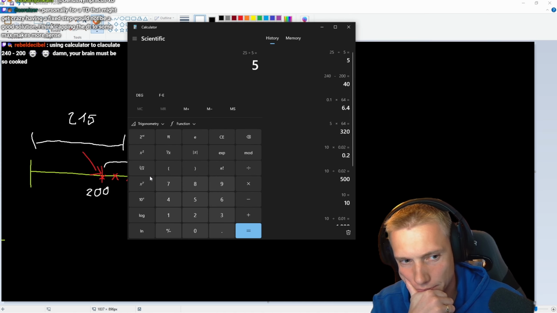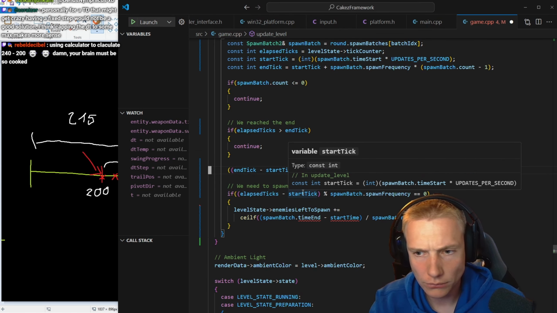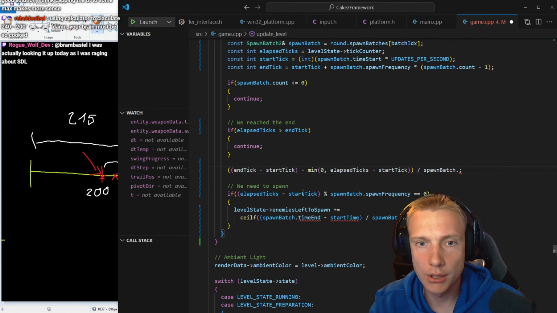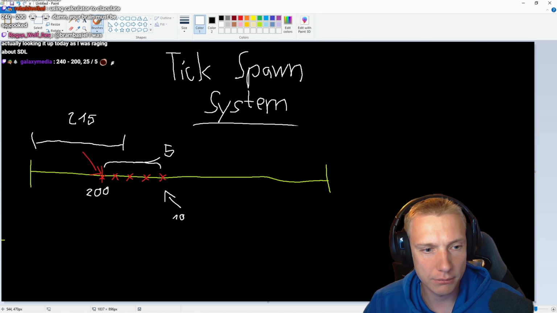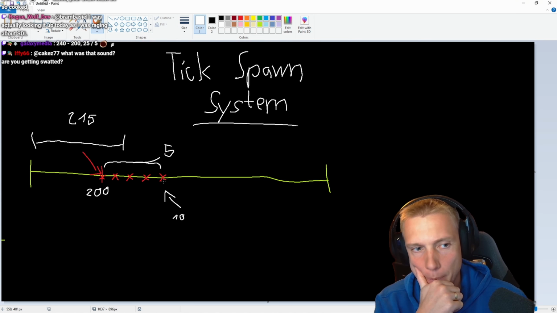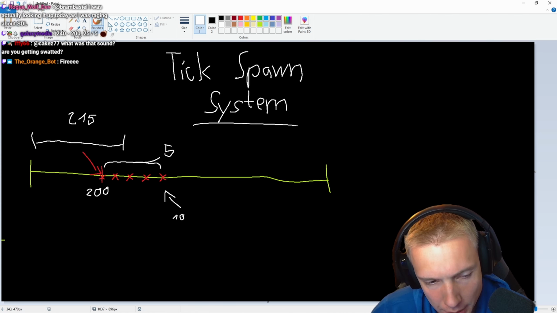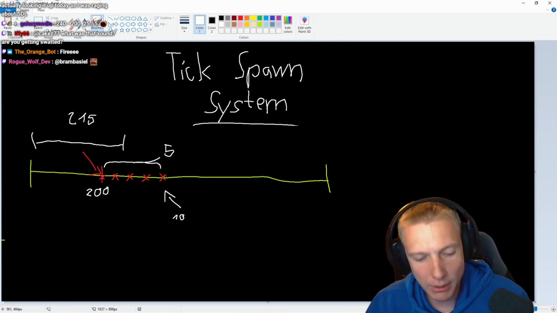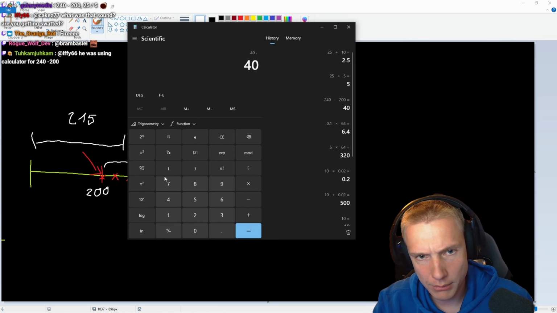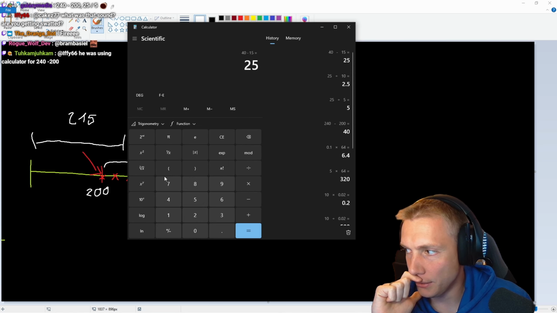That doesn't work. No, I need to divide that by the frequency, not the count. So we take 25 and divide that by 10, and therefore 2 left. That's wrong though. Wait a minute, at 215 we spawned one here, a second one here, and then 15. We have 40. Wait, 40 minus 15 is 25.